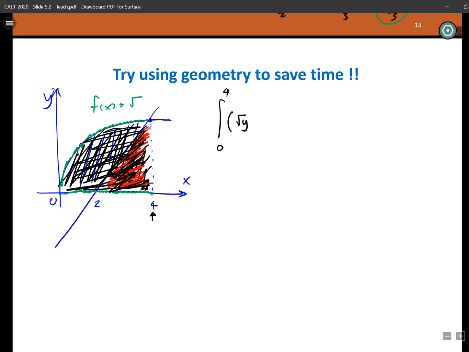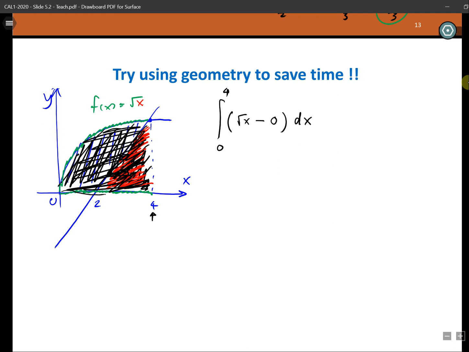This is what happens when you switch things around between two variables. It happens sometimes, but you have to be aware of that. Square root of x, and the lower function is this x-axis, so minus 0 dx. So this is the area of the black region.